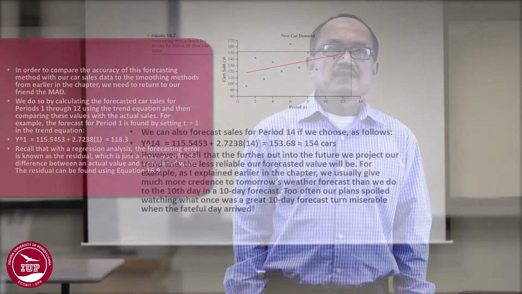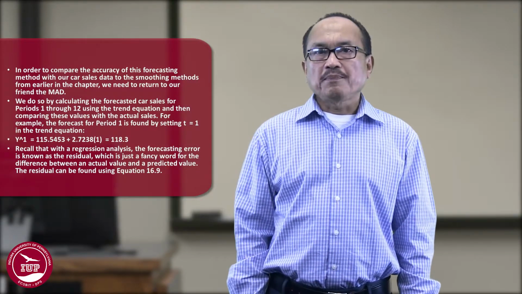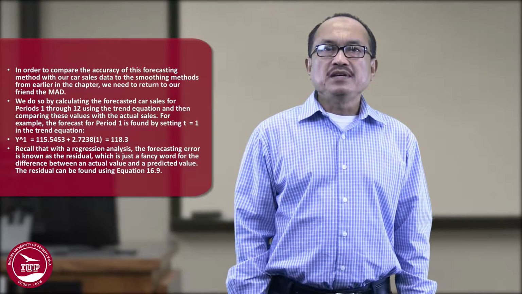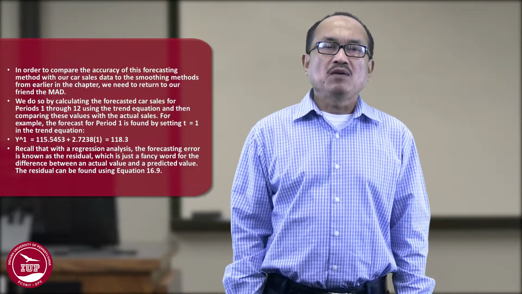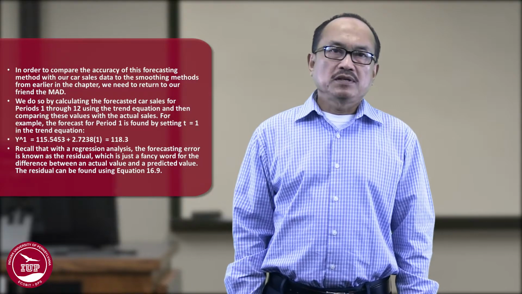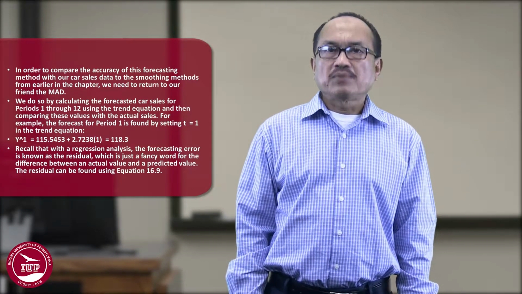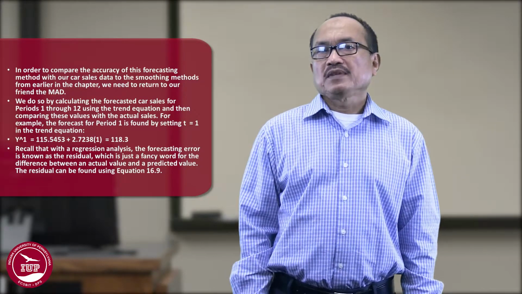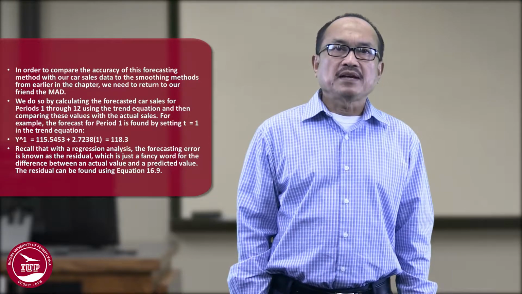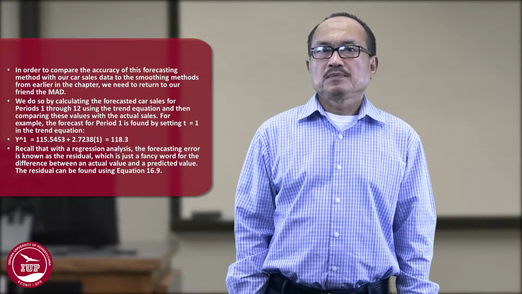In order to compare the accuracy of this forecasting method with our car sales data to the smoothing methods from earlier in the chapter, we need to return to our friend the MAD.